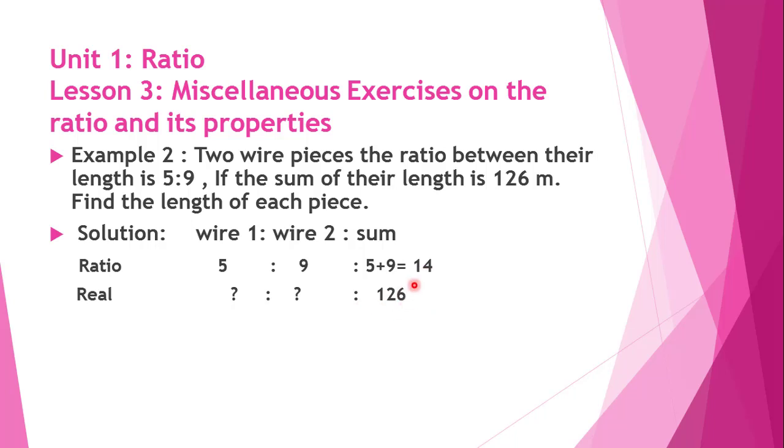So 126 over 14. The value of each part equals 126 divided by 14. The result will be 9. This 9 will be multiplied by 5 to get the length of wire 1, then multiplied by 9 to get the length of wire 2.